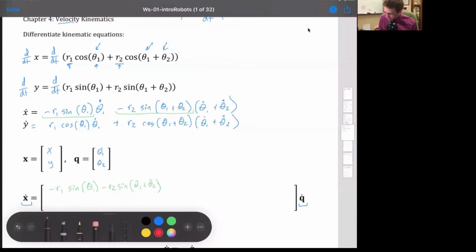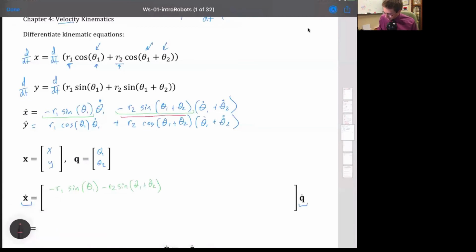Well, the only thing that gets multiplied by theta 2 dot is this one, so it's going to be minus R2 sine of theta 1 plus theta 2. And then the things times theta 1 dot for y are going to be R1 cosine of theta 1 plus R2 cosine of theta 1 plus theta 2.